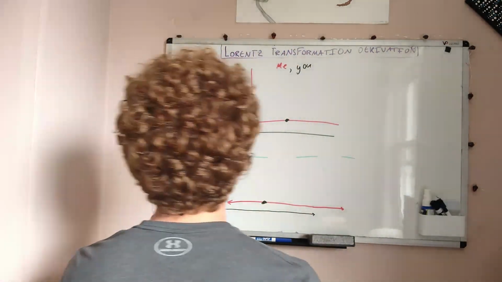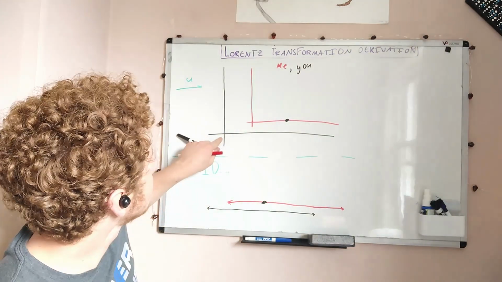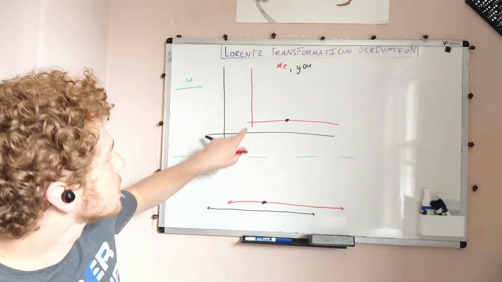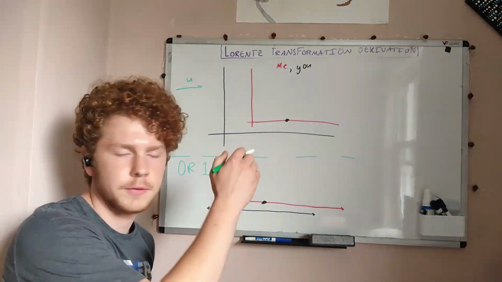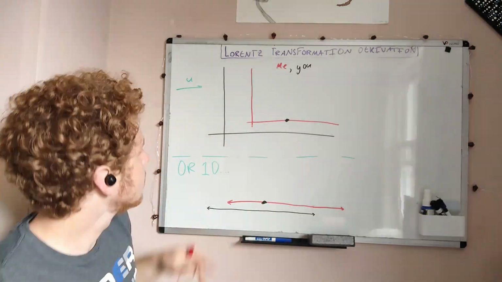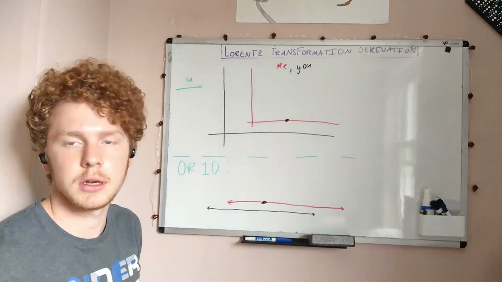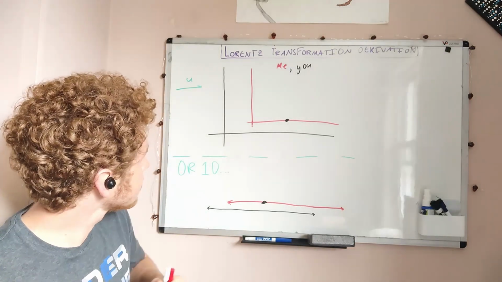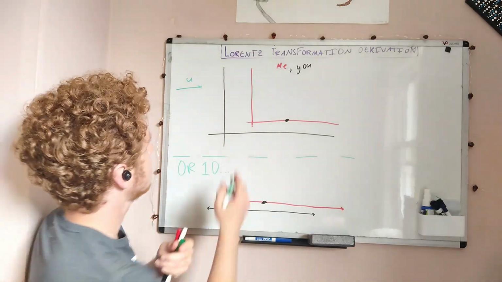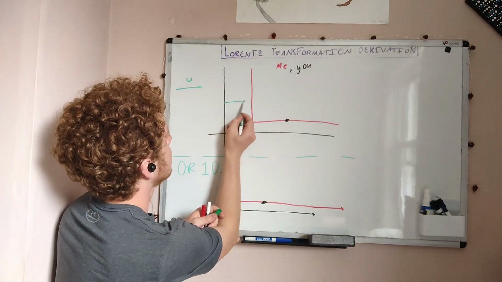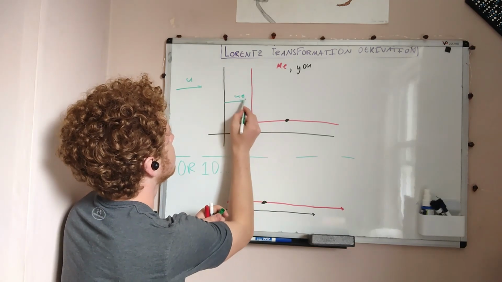So, okay, I'm moving at speed u. Here is basically your origin, and here is my origin. This is where I started off. I got off the slide at this point here, and you started at the bench at this point here. So here, there's a distance ut.